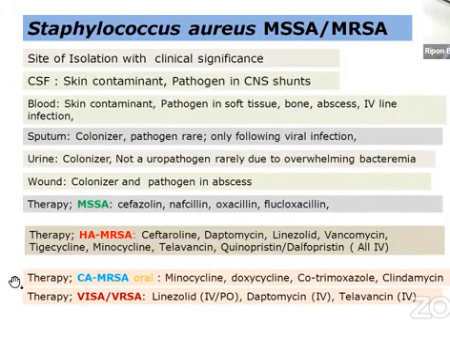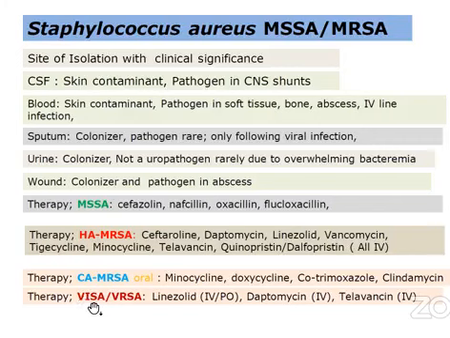In that case, for hospital-acquired methicillin-resistant Staphylococcus aureus, ceftaroline, daptomycin and linezolid are the preferred therapy. For community-acquired MRSA, minocycline and doxycycline are the preferred therapy.